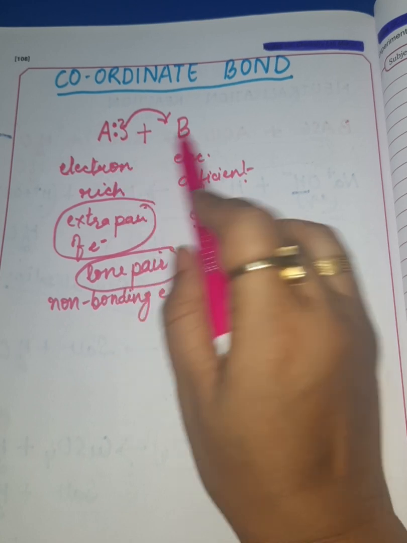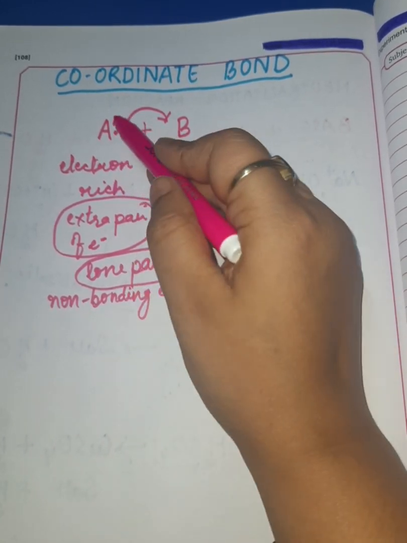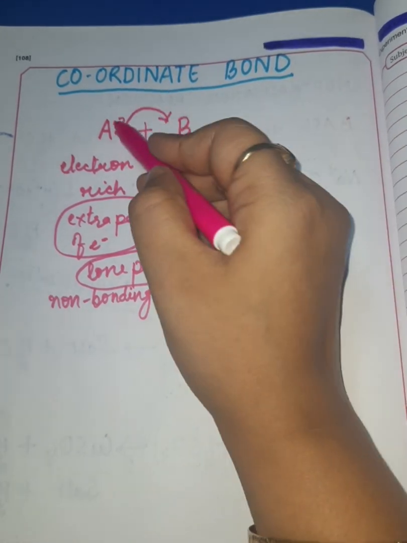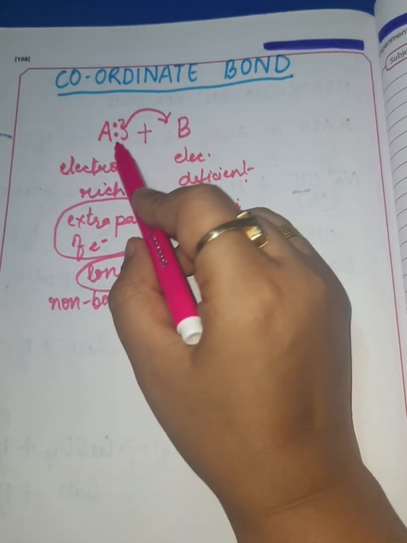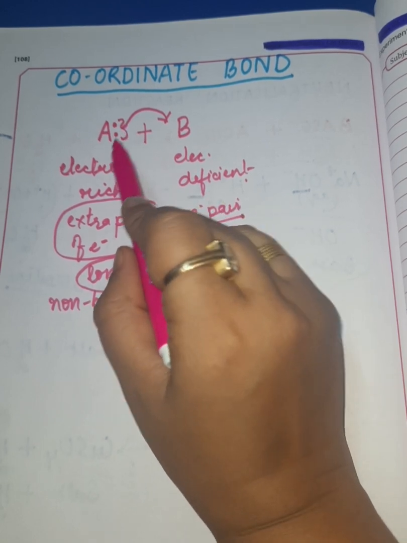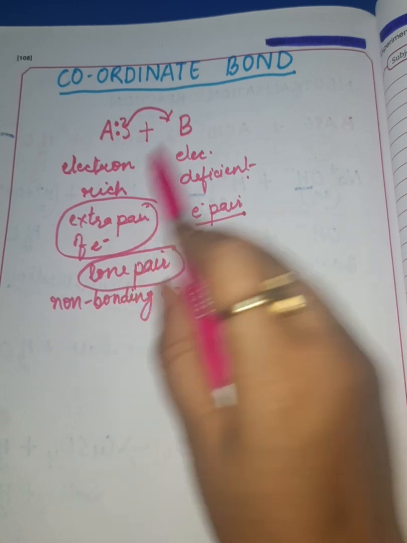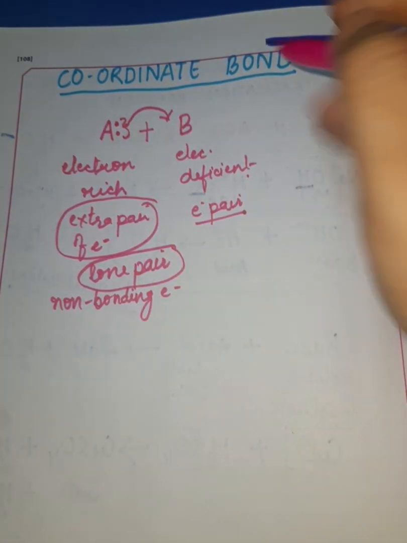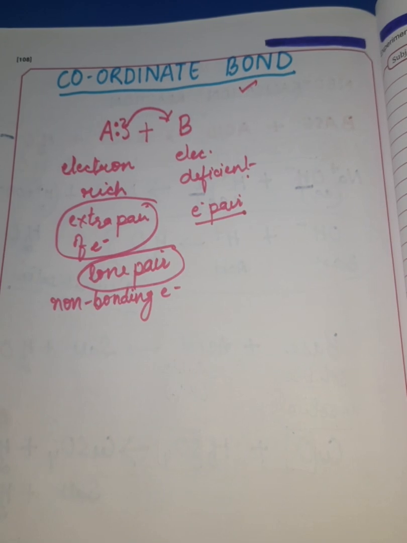So when they both get bonded in such a way that A shares its lone pair with B, meaning both the shared electrons are from one atom only, then the bond so formed is called a coordinate bond.